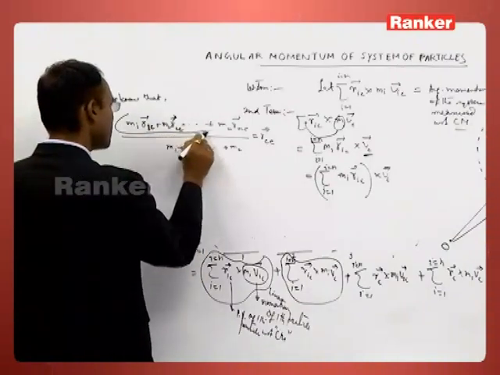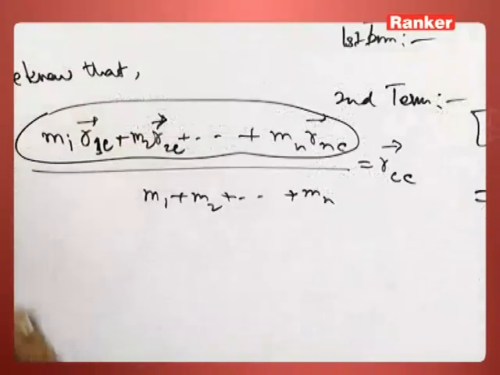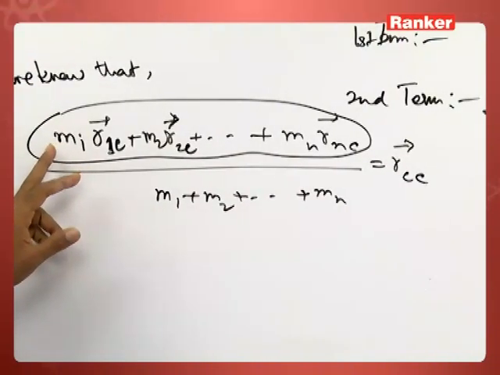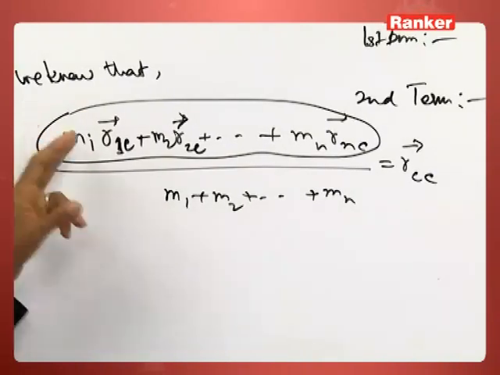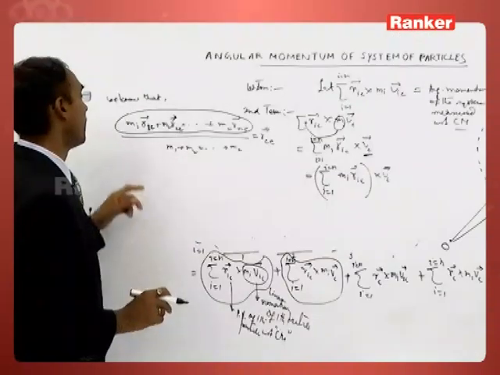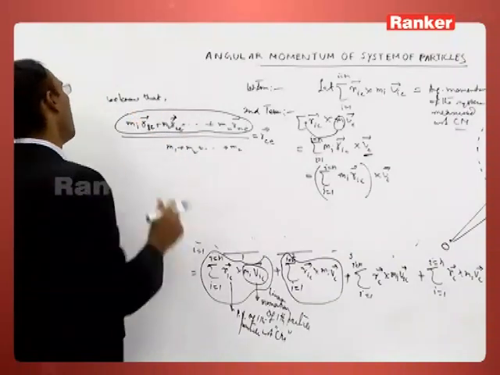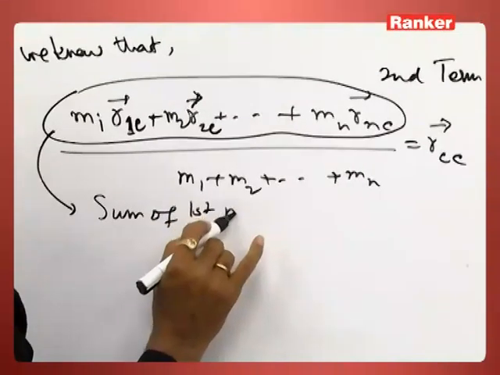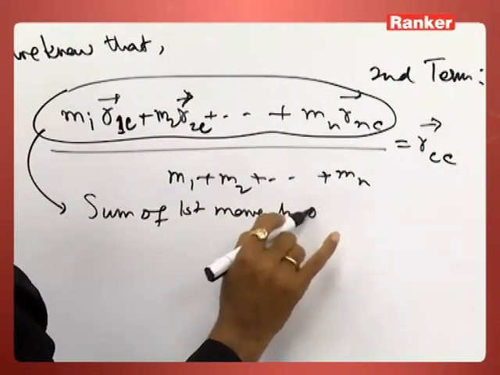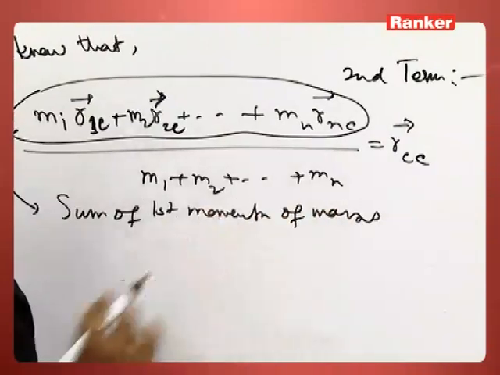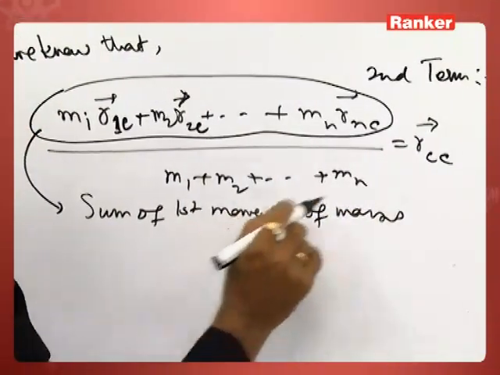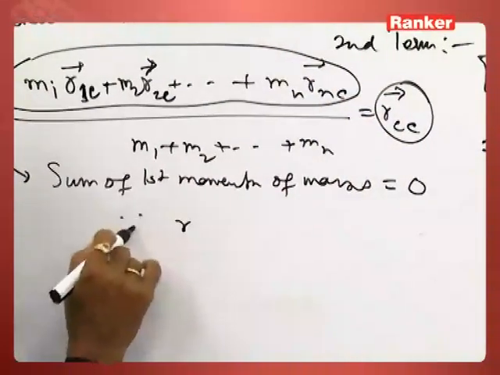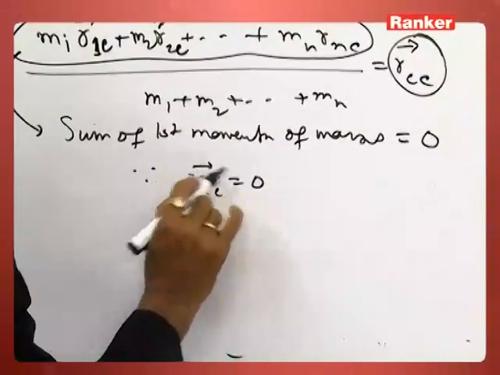Sum of the products of masses and the position vectors of the particles with respect to the center of mass, or we can call it the sum of first moments of mass, is equal to 0 because r_cc is equal to 0.